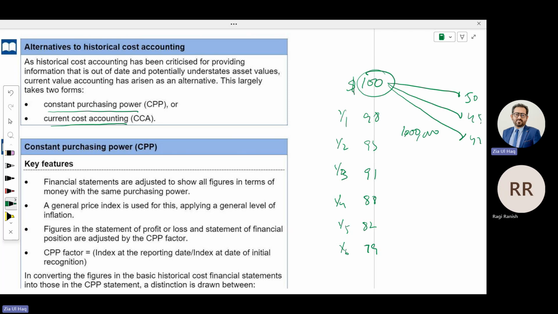For the next 5 years, we are saying this is cost, this is cost, this is cost. But that cost value is not the same in coming years because we are not taking the inflation effect into account. Its value will reduce, reduce, reduce. If we are not incorporating that reduction in value, this means our assets are overstated.